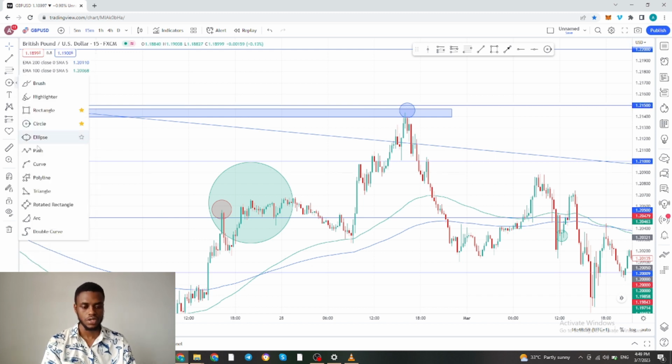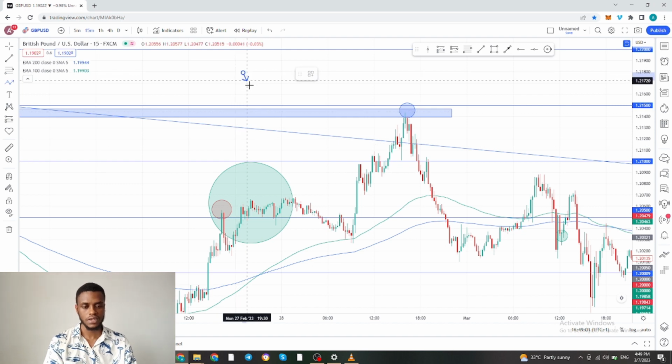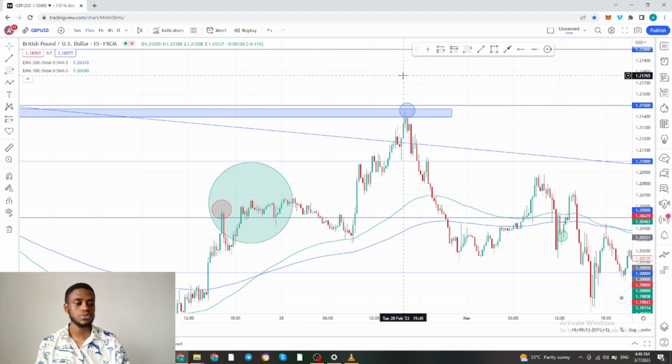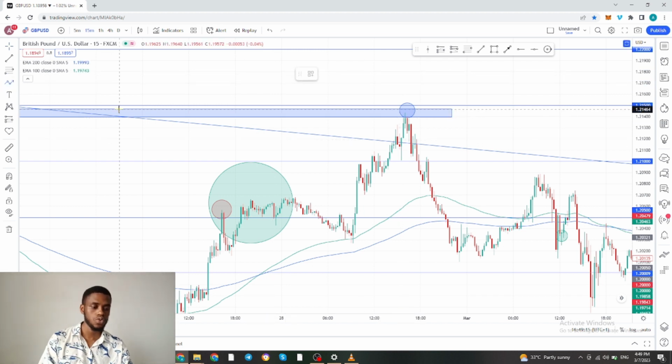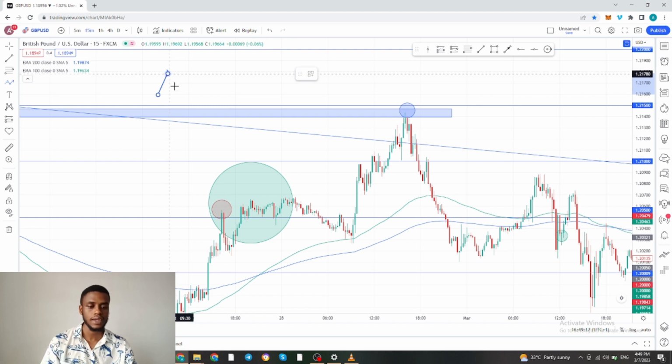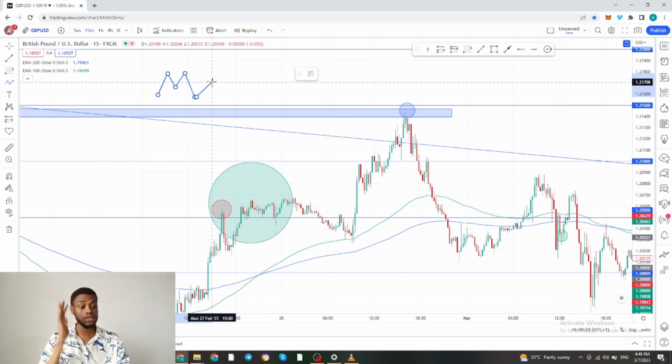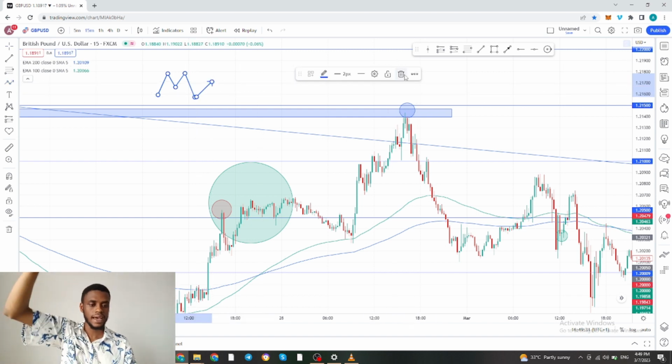I call them elongated double tops because traditional double tops, as everyone will teach you, they'll say double tops and double bottoms have to be like this. The second bottom shouldn't close below the first bottom, and for double tops they're going to say the second top shouldn't close higher than the first top.